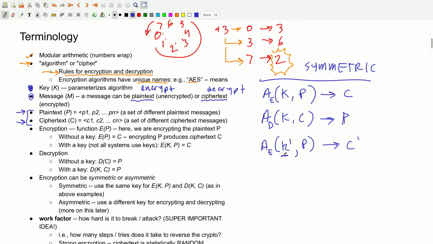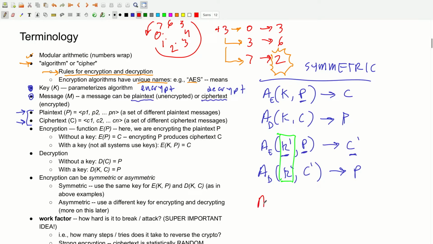Different key, different ciphertext, even though the message, P, is the same, all right?